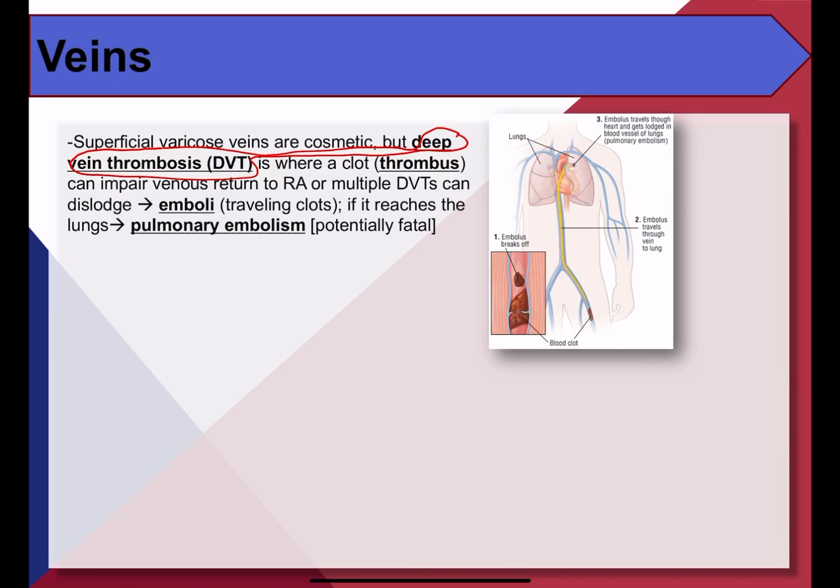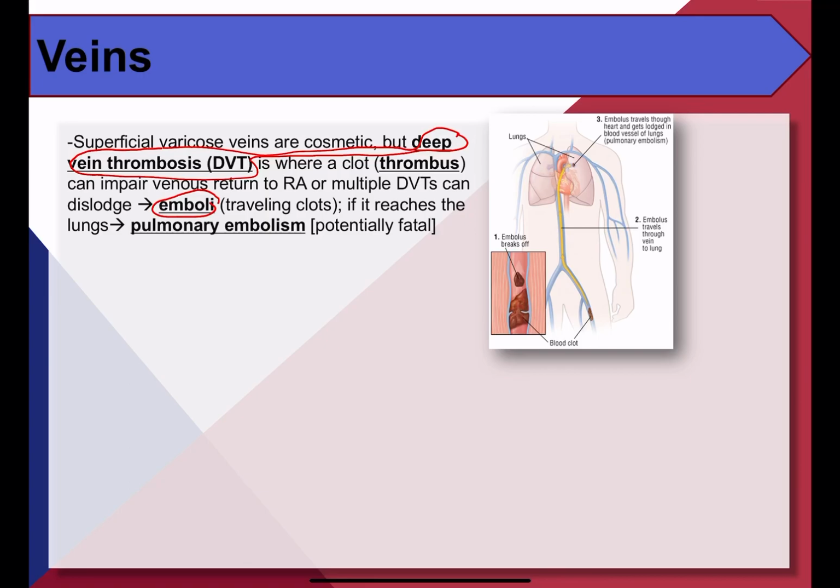Now, other than that, the other scary part of DVT is that sometimes when we have a blood clot, it may not stay in that one position, okay? That clot can actually dislodge and become what we call an emboli, which is another term for moving clots.